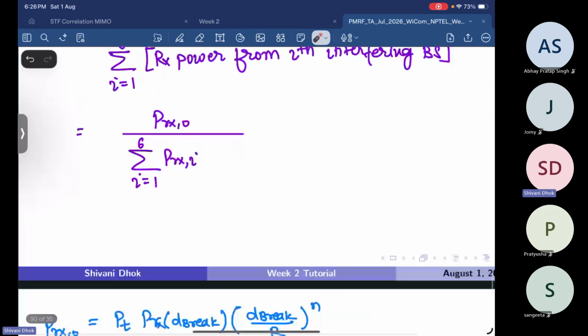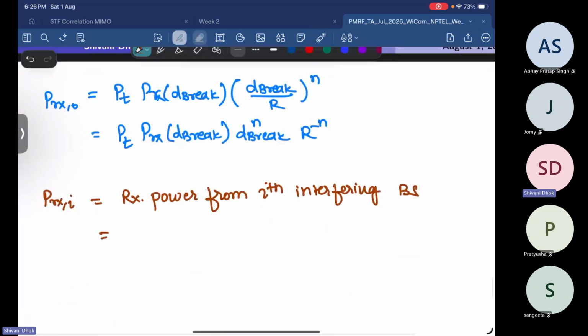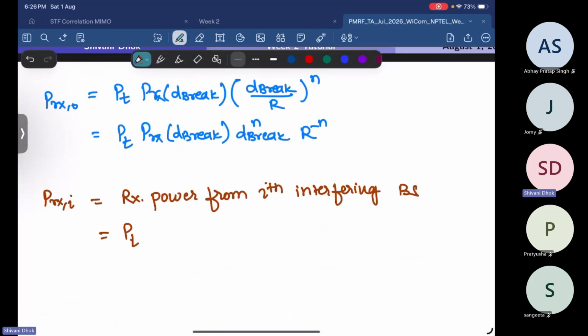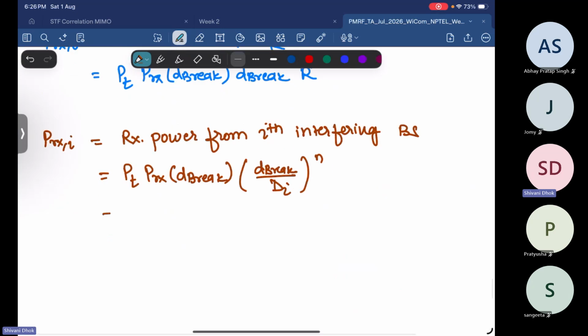Now your receive power has to be calculated based on the distance di. So you'll have transmit power into your receive power at d break into d break by di whole to the power n, which is equal to PT into receive power at d break into d break to the power n into di to the power minus n.